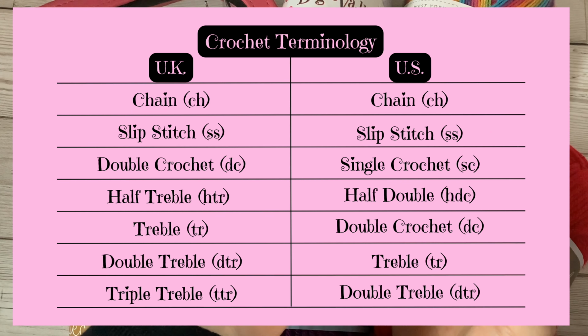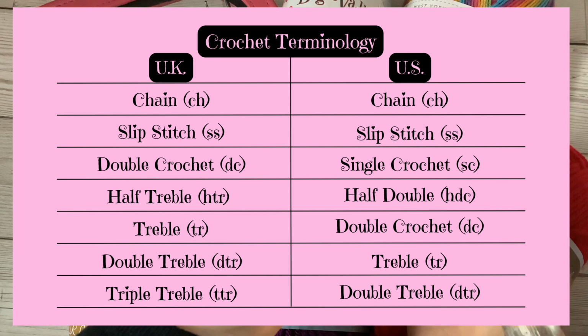For example, a UK double crochet is a US single crochet, and a US treble is a UK double treble. So it is easy to see how you could end up with a completely different finished product to what you were expecting if you were working in US terms and the pattern was in UK terms, or vice versa.